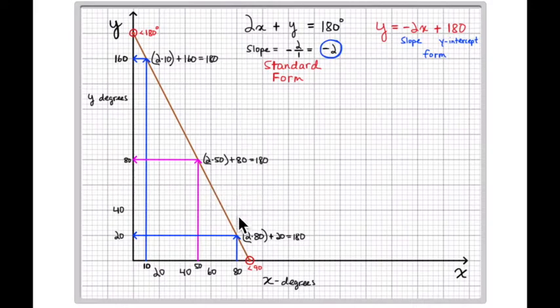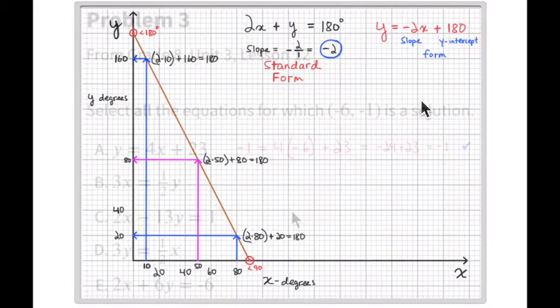So that's an increase of 10 degrees, a decrease of 20 degrees, an increase of 10 degrees, a decrease of 20 degrees, and so on. So for every 1 degree increase, you have to decrease y 2 degrees. So that's a slope of negative 2.